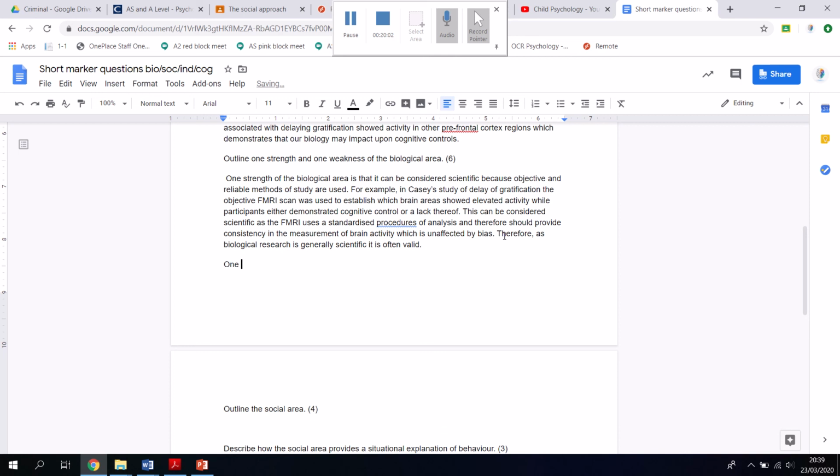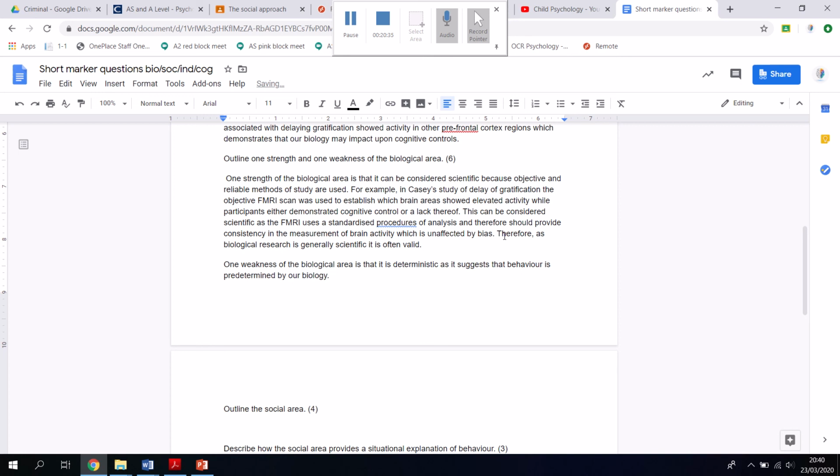So we can say one weakness of the biological area is that it is deterministic, as it suggests that behaviour is predetermined by our biology.